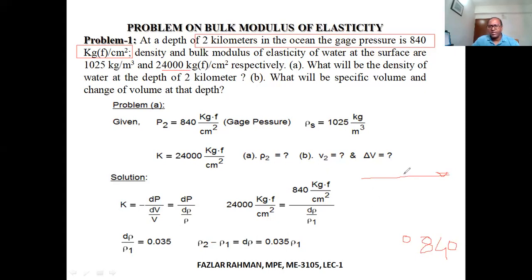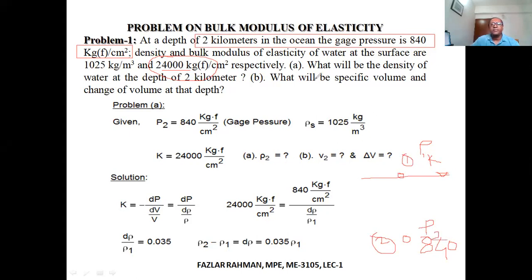That means at the top surface, if this is point 1 and this is point 2, right over here density rho equals 1025 kg per meter cube, and bulk modulus of elasticity K is given. These two values are given for the top surface, and for the bottom surface only pressure is given. I can say this is P2.